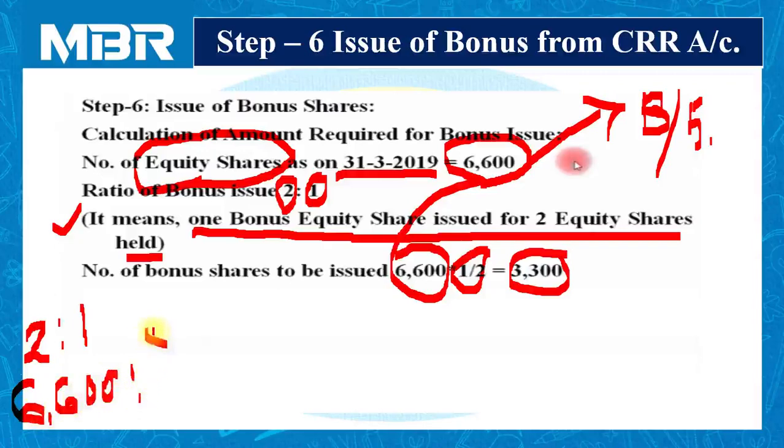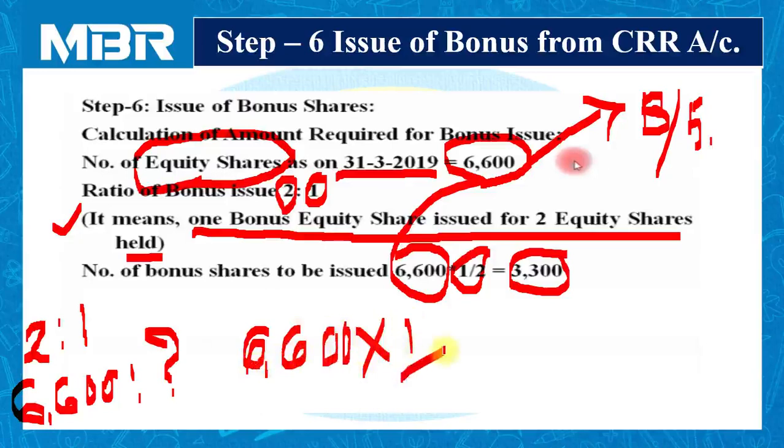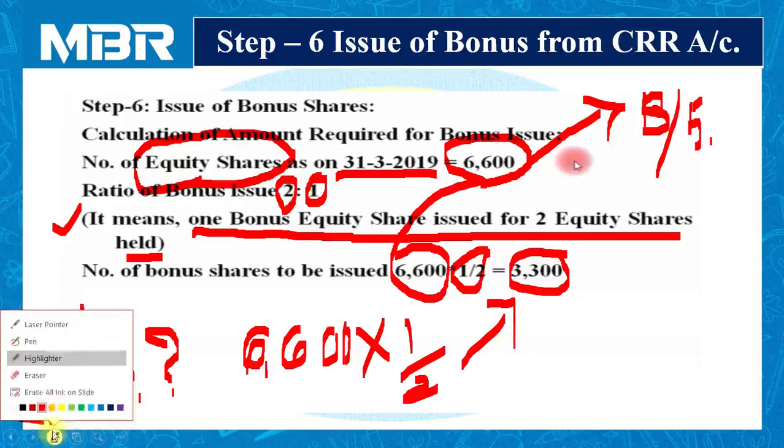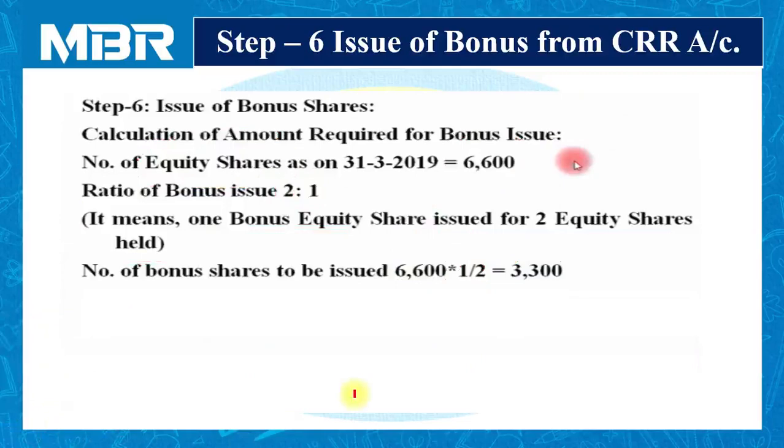So how many bonus shares will be issued by the company? 6,600 multiplied by 1 divided by 2, and ultimately the answer is 3,300. You can calculate according to your own understanding. So it is decided from this calculation that we have to issue 3,300 bonus equity shares.